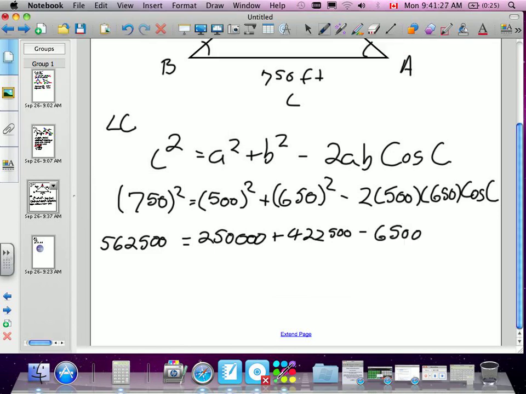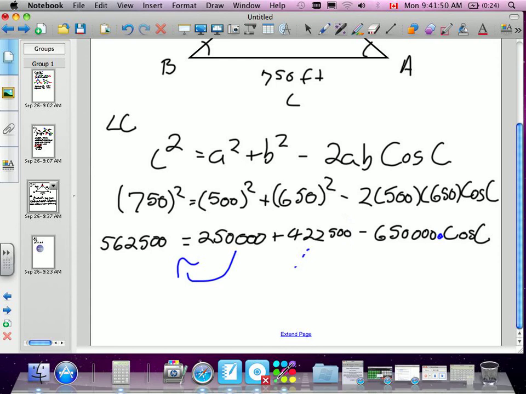So we're minusing 650,000 cos C. This is where most people are going to make a mistake. I do not subtract 650,000 from these numbers here. I need to multiply 650,000 first according to BEDMAS.